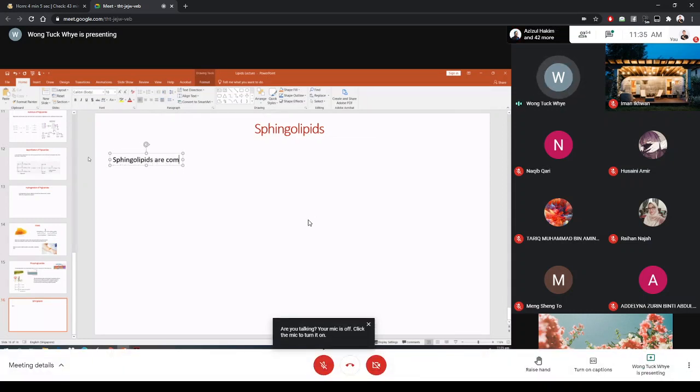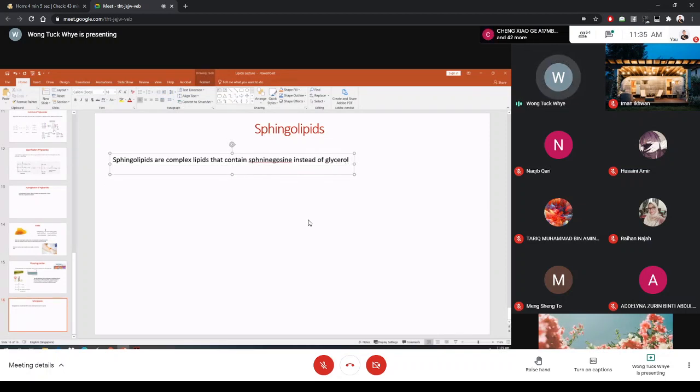Phospholipids are complex lipids. So you have a sphingosine instead of glycerol. So actually your structure will be something like this.